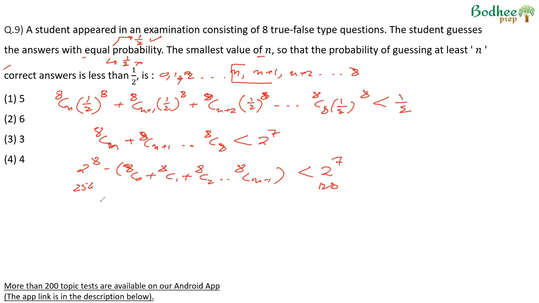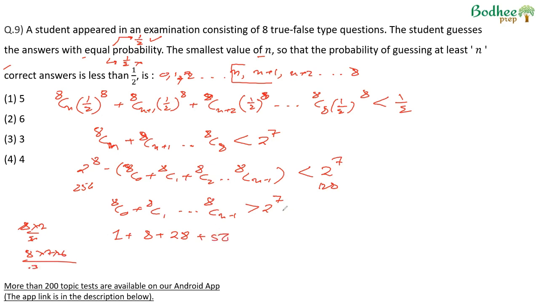This comes here, so on rearranging the terms, 8c0 plus 8c1 up till 8cn-1 is greater than 2 raised to power 7. 8c0 is 1, 8c1 is 8, 8c2 is 8 into 7 by 2, which is 28. 8c3 is 8 into 7 into 6 by 3 into 2 into 1, which is 56. This has not crossed 128 till now.